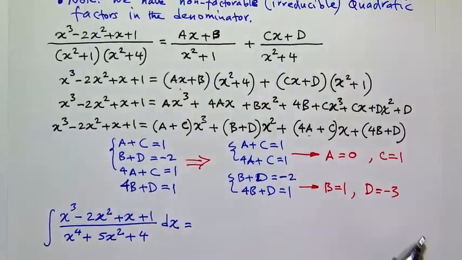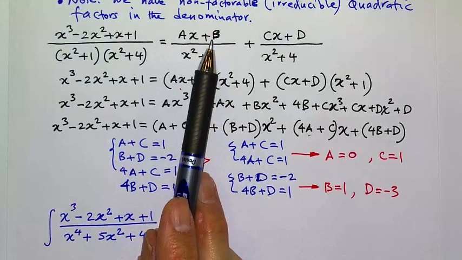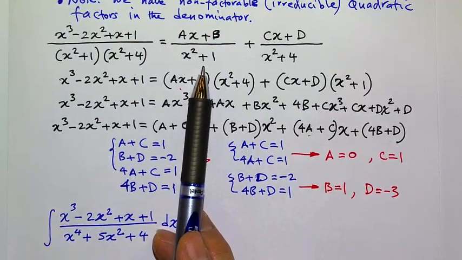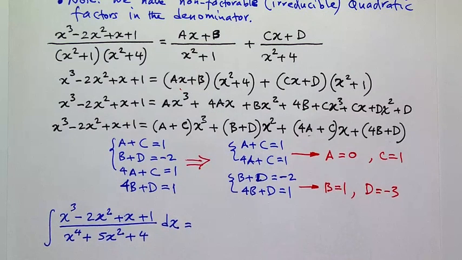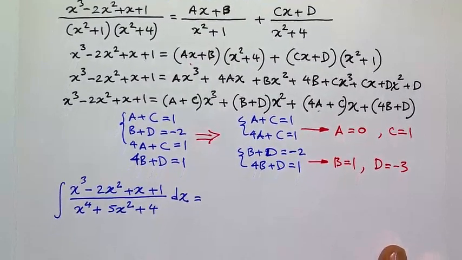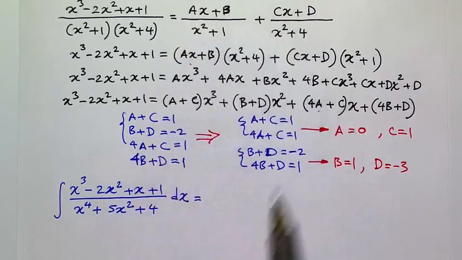So up here, 0 times x, that term drops out. We end up with just b, which is 1, over x squared plus 1. Okay? And hopefully I can keep everything on the screen. Yeah, barely. So now you can see how these replace a, b, c, d, right?